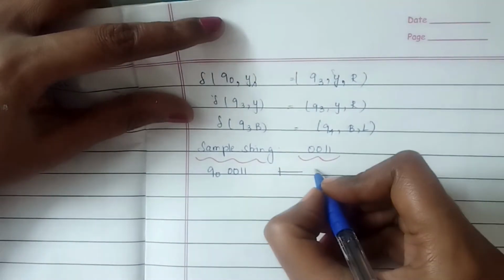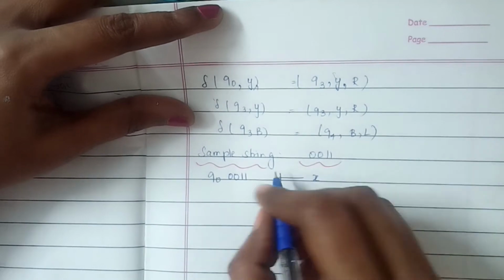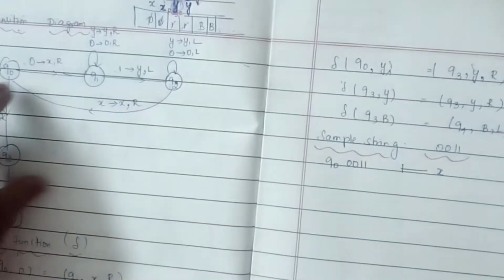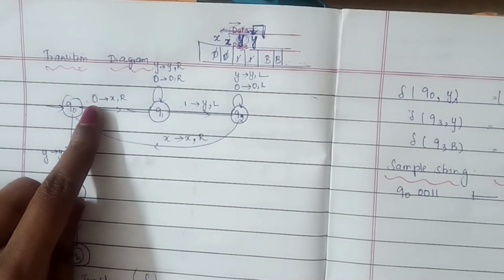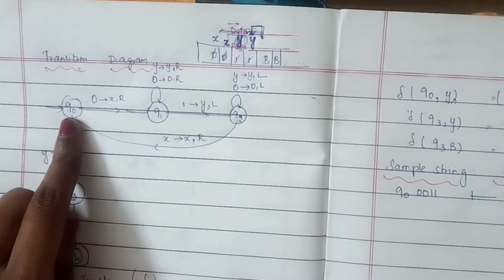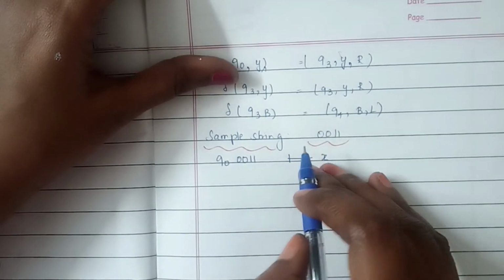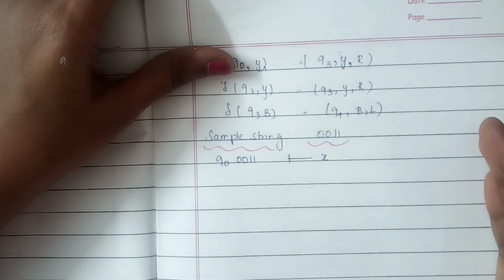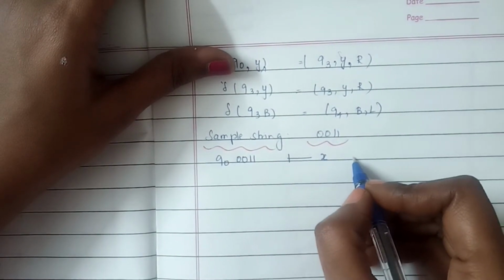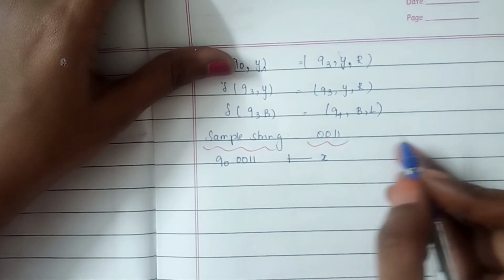When you see the 0, it has to be changed to X, and you go from Q0 to Q1. When you write a sample string and go in the right direction, the state is to be written on the right side, and the symbol is written on the left side.